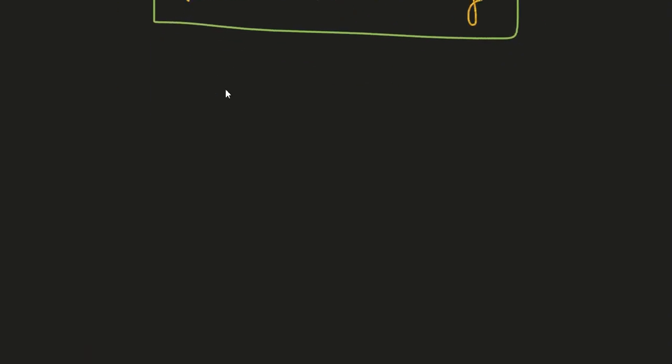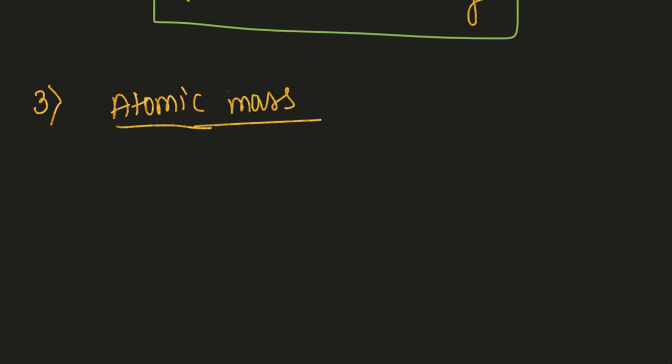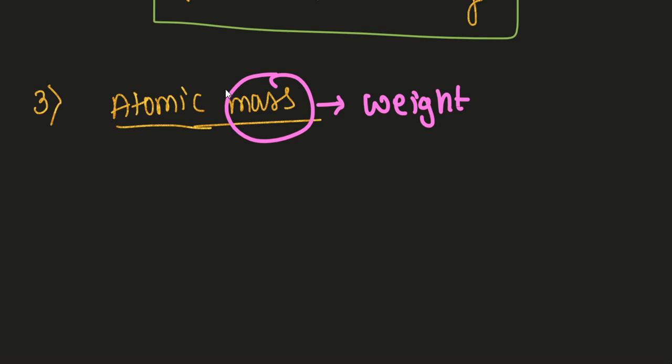Coming to the next one, the third one, which is atomic mass. In chemistry, instead of the word mass, you can even use the word weight. That's your wish. You can use the word atomic mass, or if you want, atomic weight.